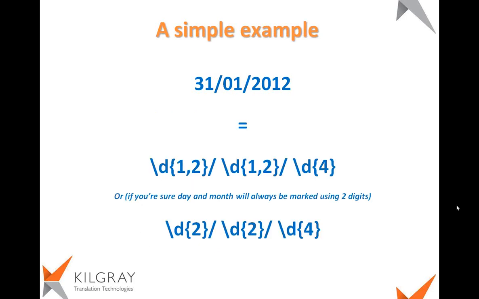So here, the way I just described the expression, you could write it as you see here. That's the first way. Or if you're sure that your day and month will always be marked using 2 digits, for example, you could simplify a little bit and indicate direct quantities.